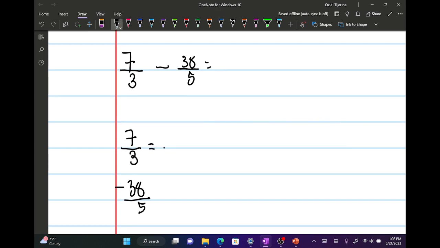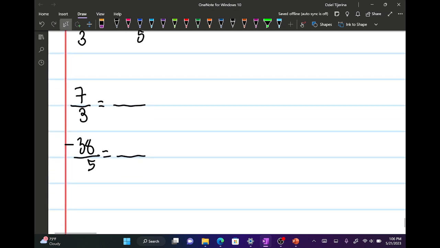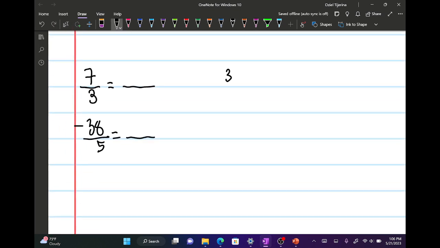For the common denominator, we need the common multiples of 3 and 5. With 3, we have 3, 6, 9, 12, 15. With 5, we have 5, 10, 15. So our common denominator has to be 15.